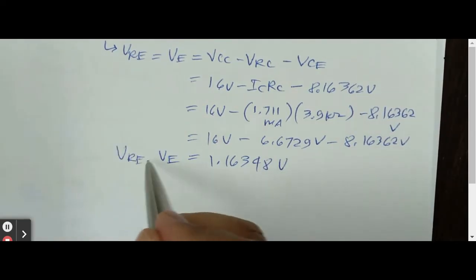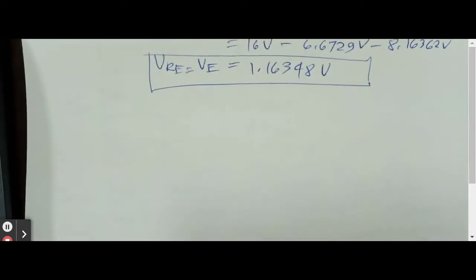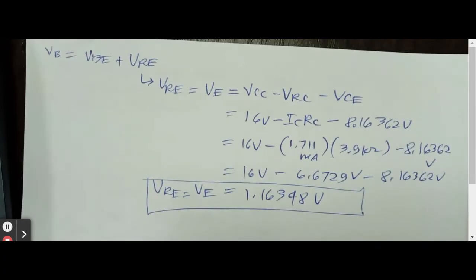So this is our VRE, which is also our VE, which is also equal to 1.16348 volts. So that's our VRE only.